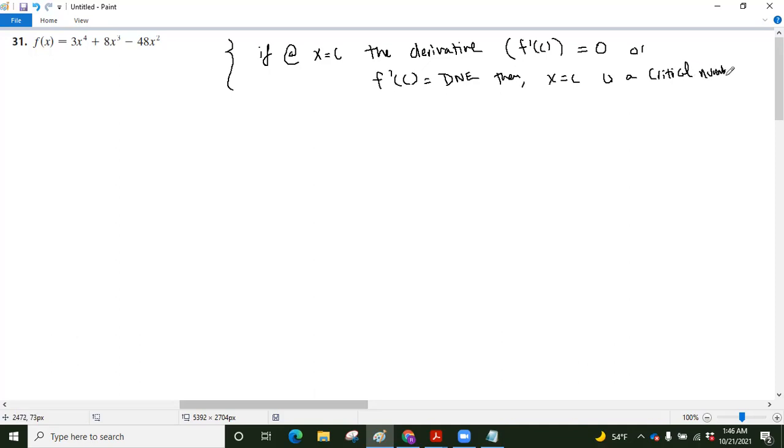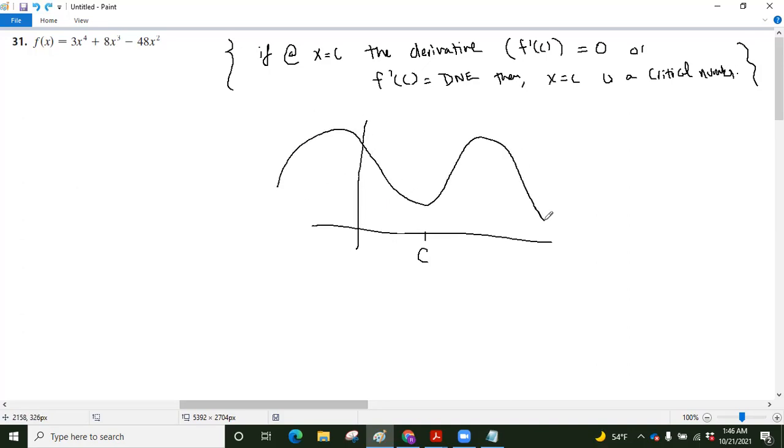critical number. So basically, if we're looking at a graph and we have a c value here on the x-axis, we can call this n and we can call this d.